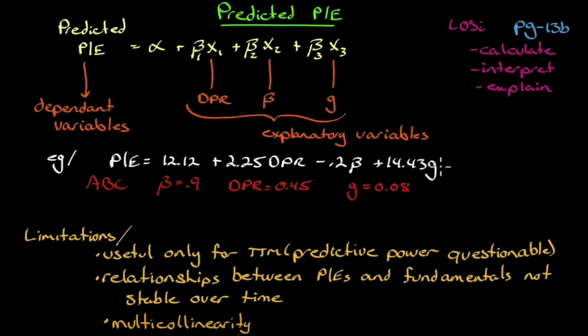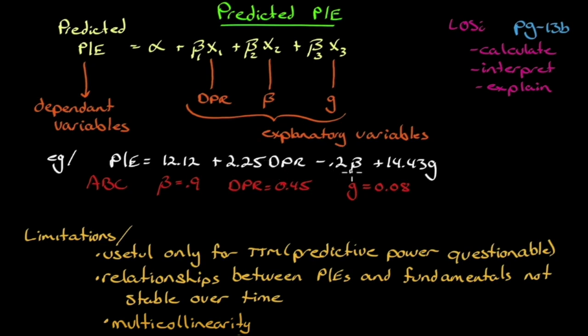Notice that the PE increases with a higher dividend payout ratio. We've already said that before. That's our numerator in a Gordon growth model expressed as a forward PE. Our numerator was the dividend payout ratio. So a higher dividend payout ratio, we get a higher justified PE.